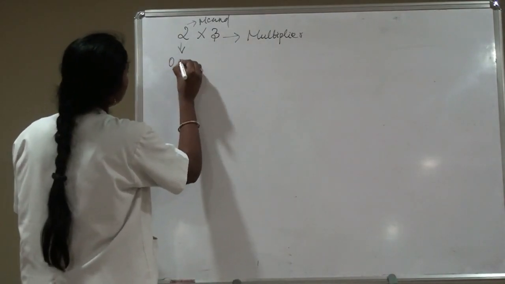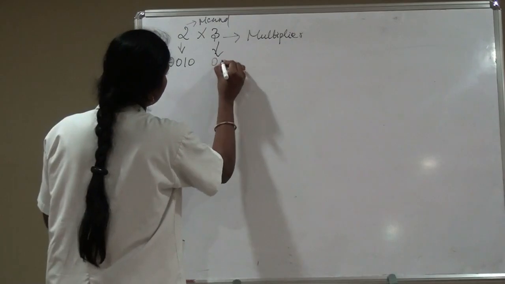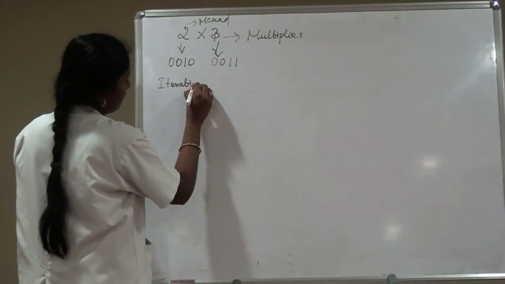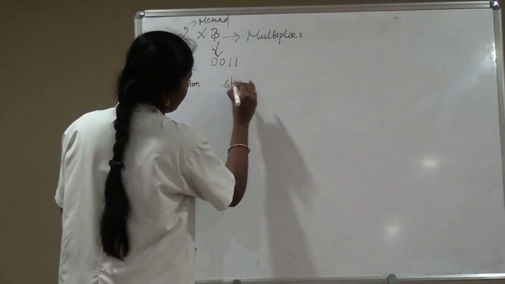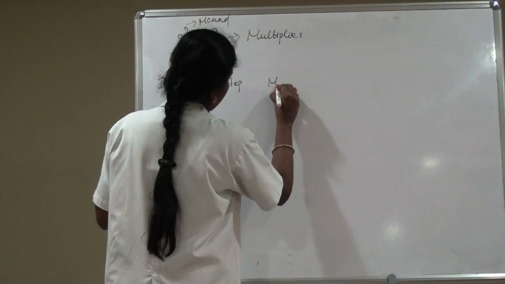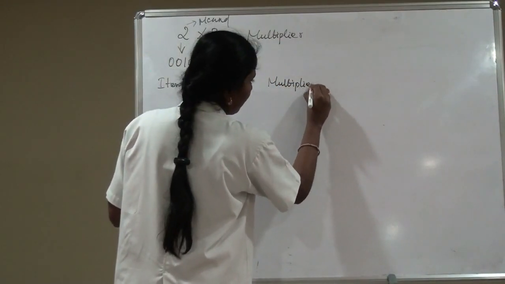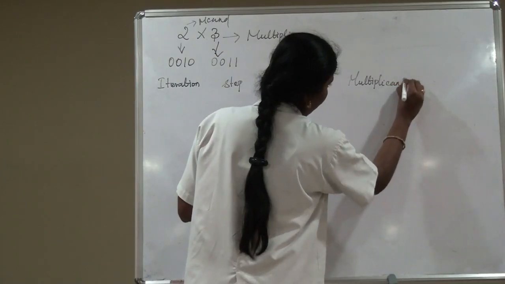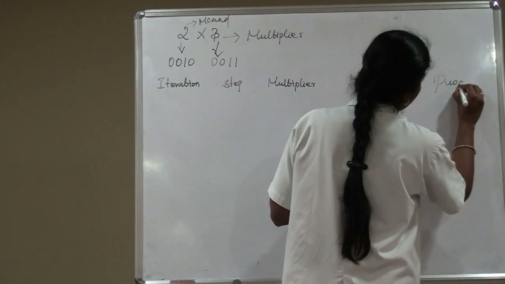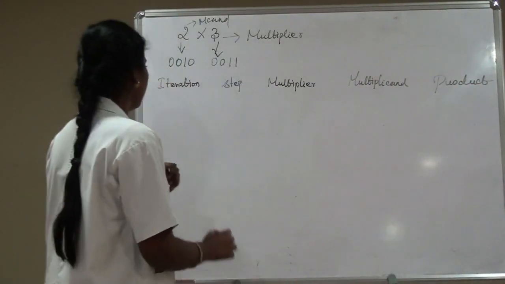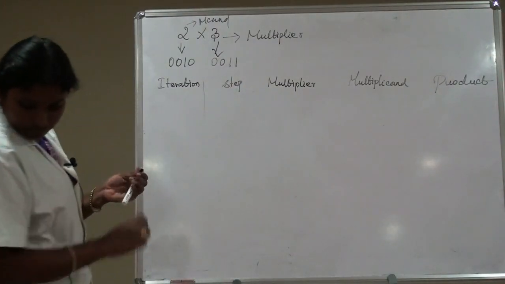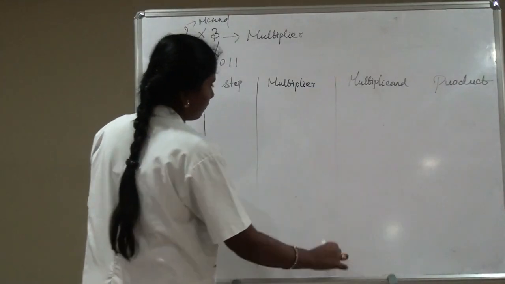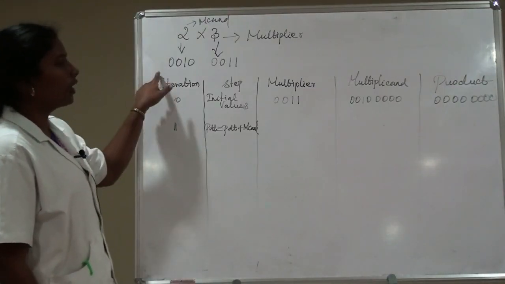Two's equivalent binary value is 0010. Three's equivalent binary value is 0011. In this example, I am going to multiply the values 2 and 3.